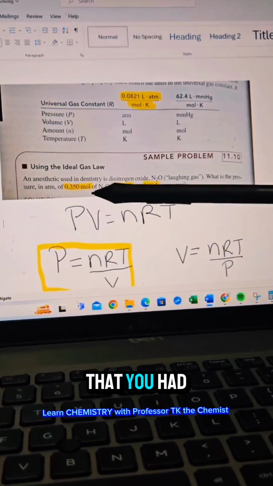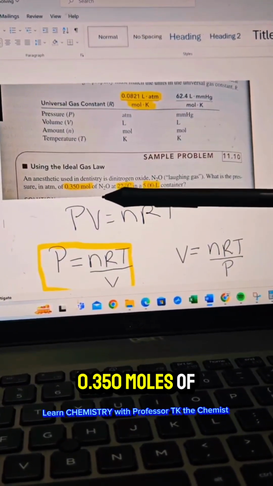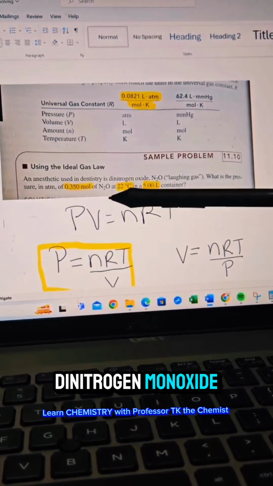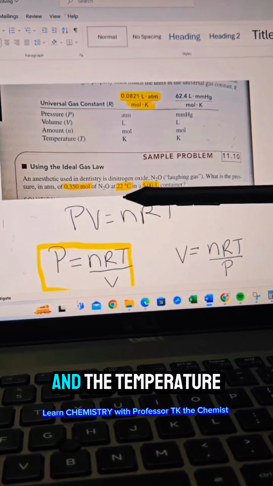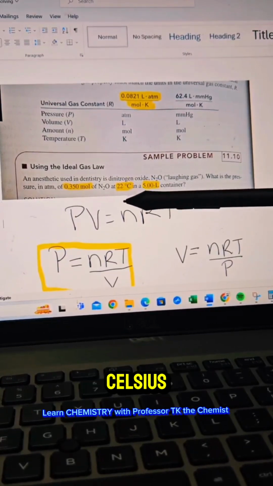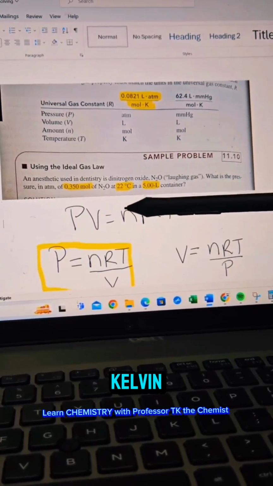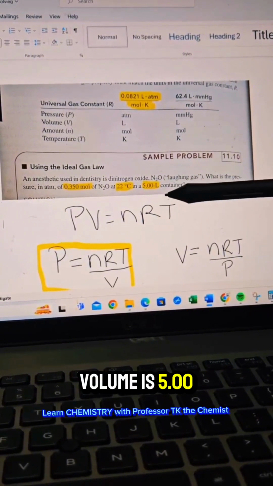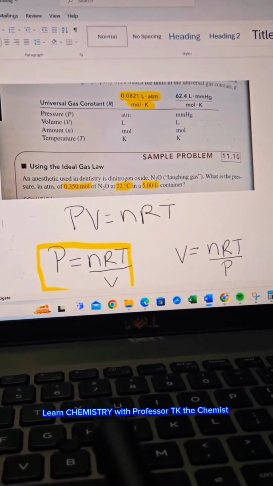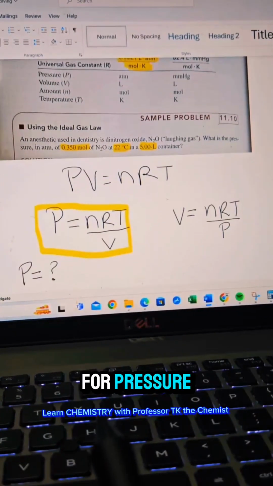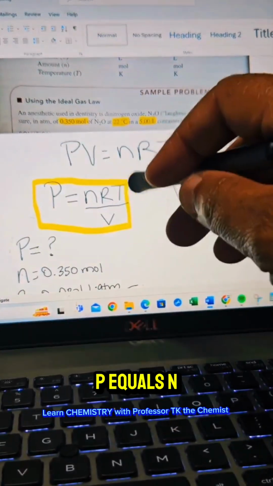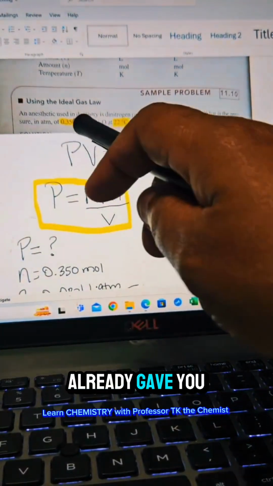They told you that you had 0.350 moles of dinitrogen monoxide and the temperature was 22 degrees Celsius that you had to convert to Kelvin, and then the volume is 5.00 liters. Now, what you're going to do for pressure, you're going to use P equals nRT over V. They already gave you the moles.